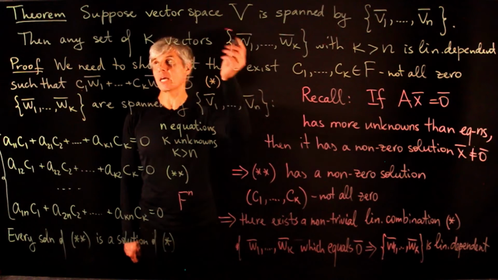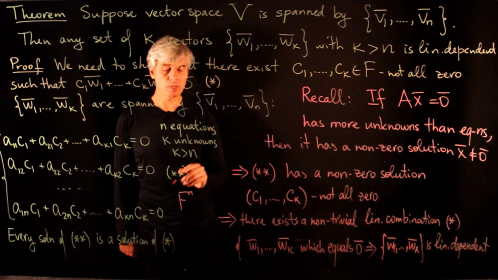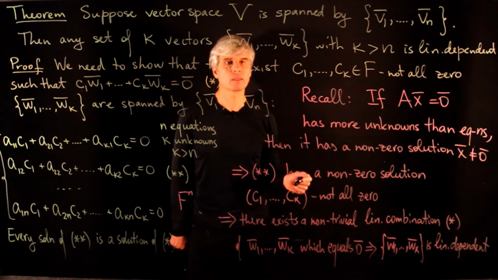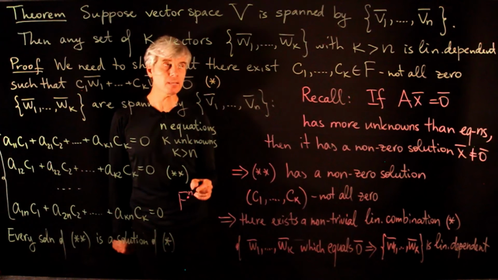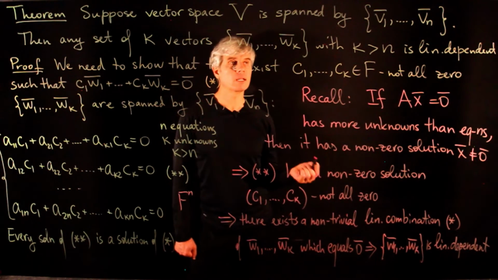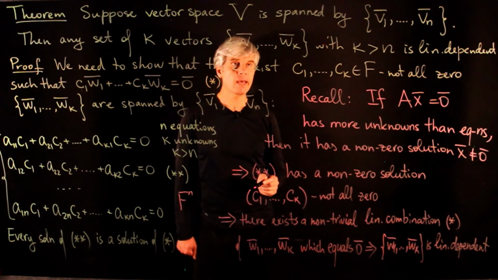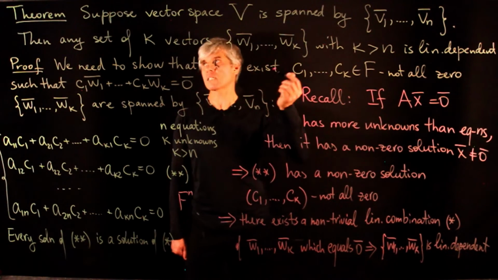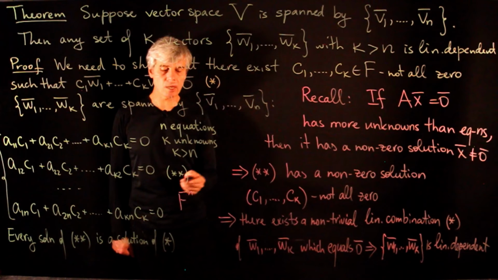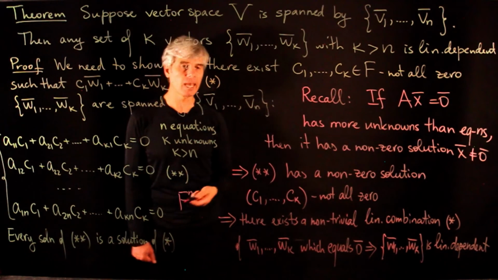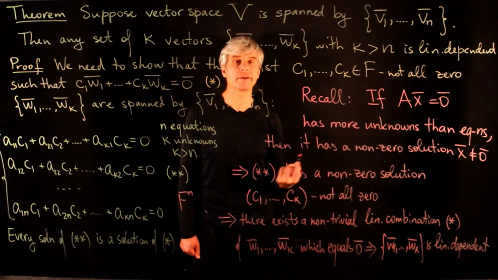Applying this theorem for the space Fn, we recover the result from last time, that any k vectors in Fn are linearly dependent provided that k is greater than n. This is a generalization of that theorem: now we're talking not only about the vector space Fn, but any vector space whatsoever.